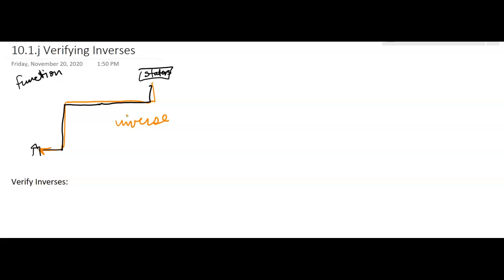Okay, so let's look at something. Let's say my function is, I want to take a number and I want to add 5 to it. Well, then the inverse, which we would write in this notation: f of x equals x plus 5.